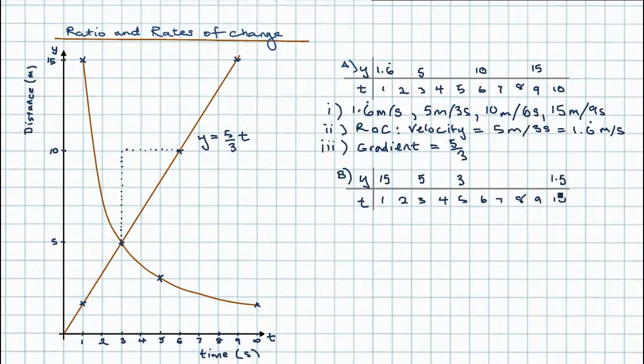Okay, and again, you might want to fill in the other values. They should all conform to the same pattern, but what we'll find is that these are not directly proportional. In fact, y and t are inversely proportional, so these are inversely proportional ratios. And that gives us a bit of a problem. Okay, let's just check that out to start with.